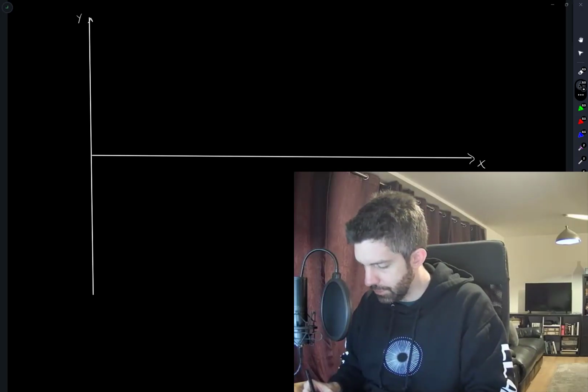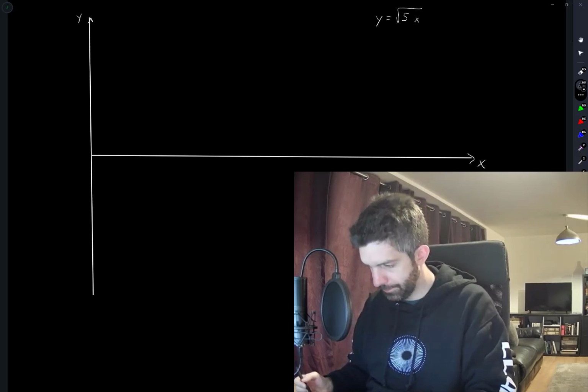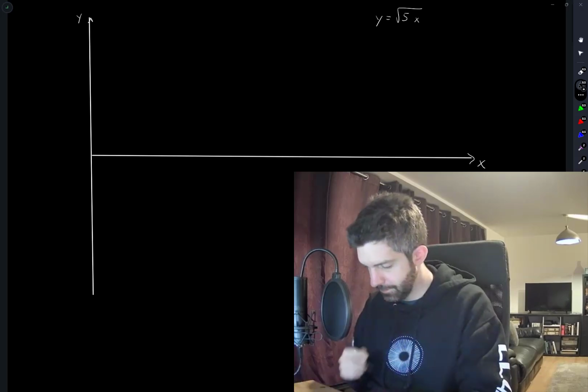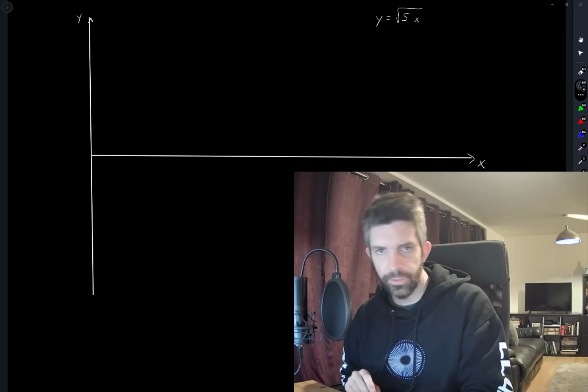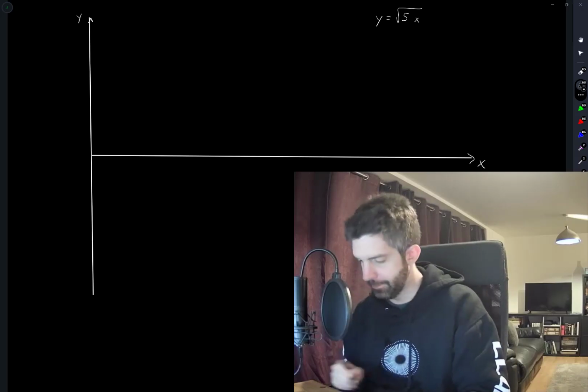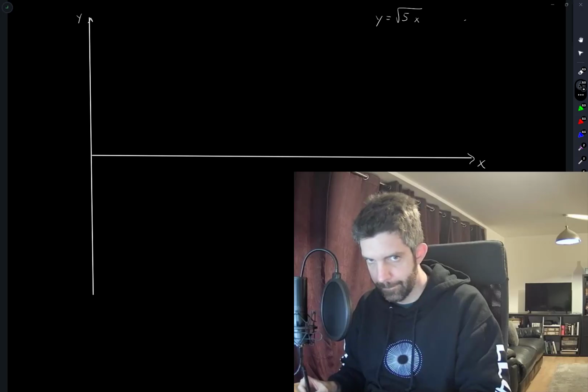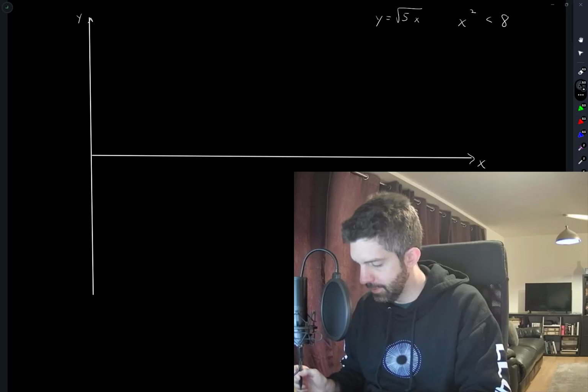So if I plot the function y equals square root of 5x, what is the largest value of x that I need to consider? x squared is certainly less than 8, so root x is less than root 8.